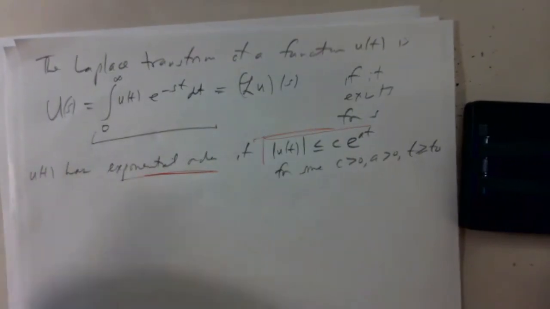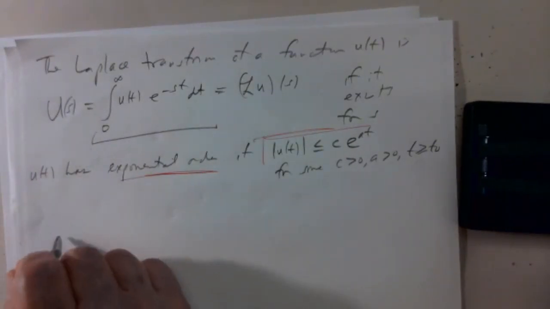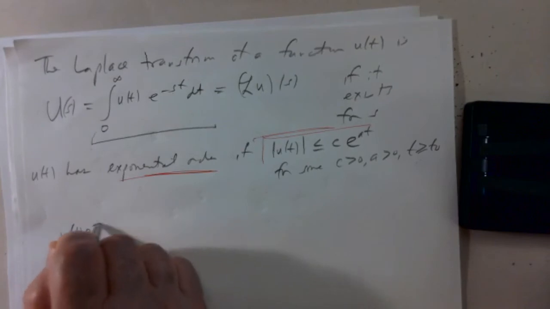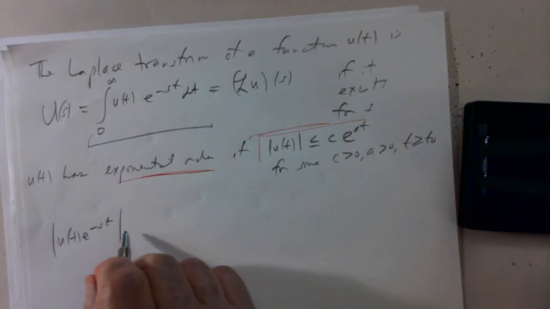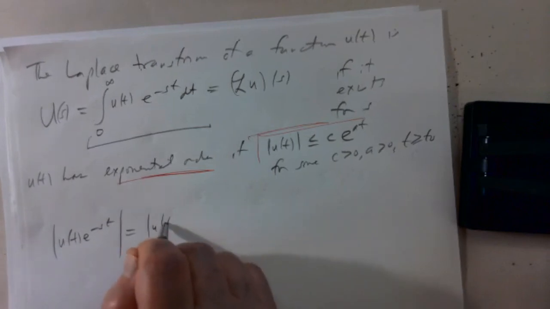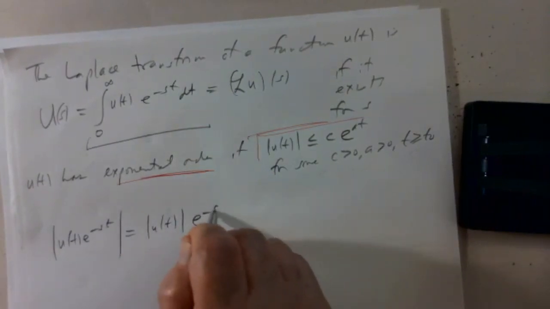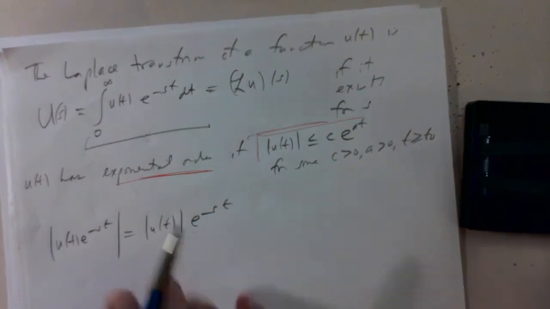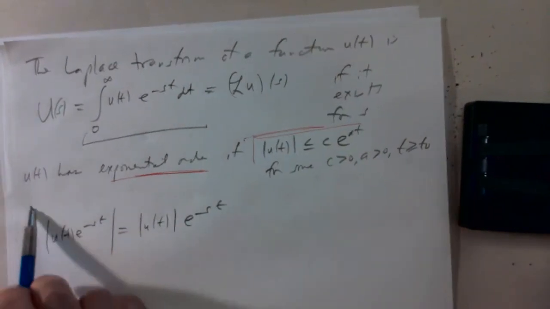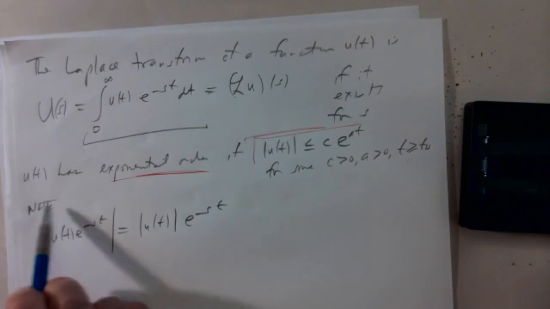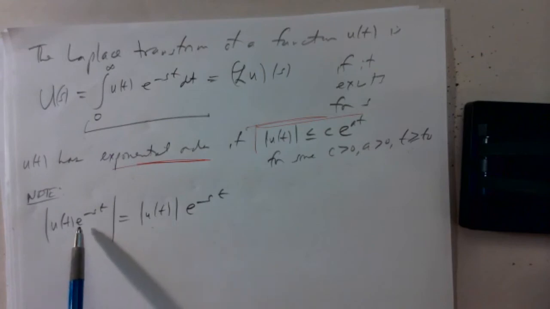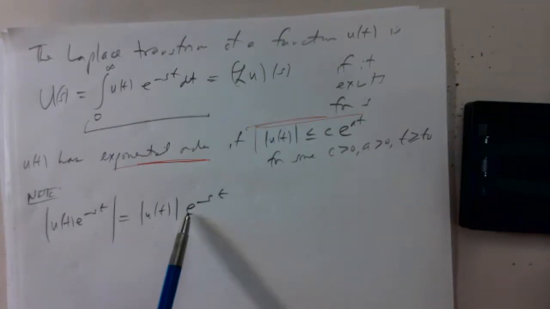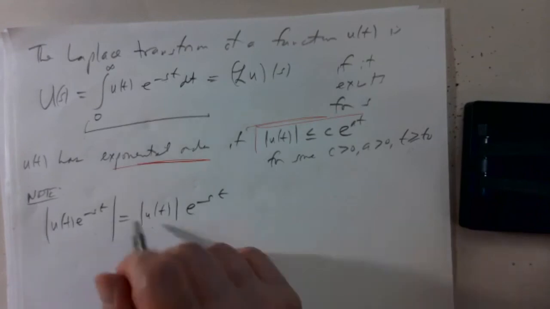And we can make the following observation. If I take u of t e to the minus st, and I take the absolute value of that, that's the absolute value of u of t times e to the minus st. Note, the absolute value of a product is the product of the absolute values, but the exponential function is always positive, so the absolute value of this is just itself.